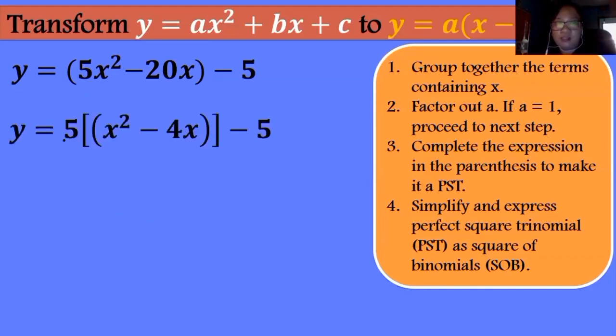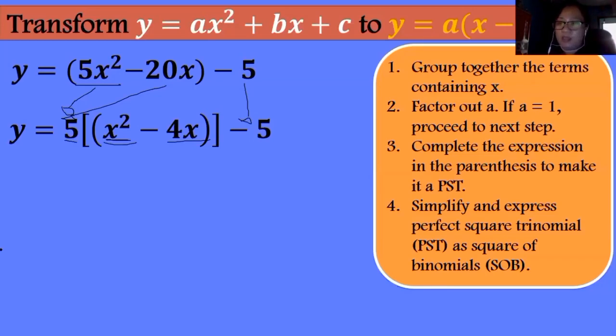We have here 5 now. What becomes of this? 5x squared divided by 5, you'll have x squared. Then negative 20x divided by 5 is negative 4x. Then copy negative 5. That's what happens when you factor out a.